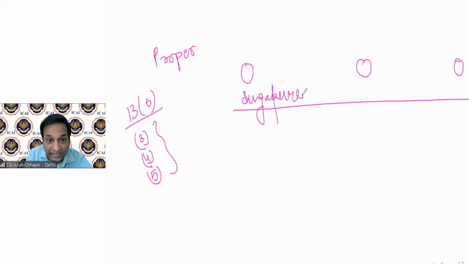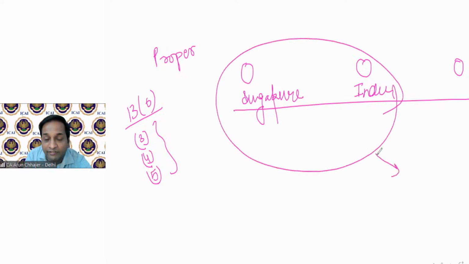So now in my given case, one property is located in Singapore, one property is located in India. 13 subsection 6 says, if there is more than one country, including taxable territory, then the place of supply of the entire contract would be India.